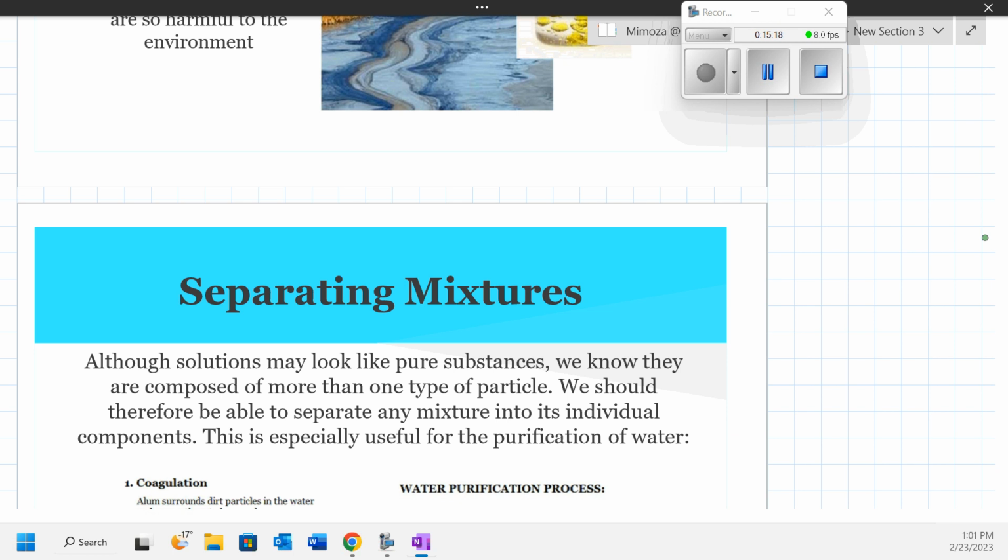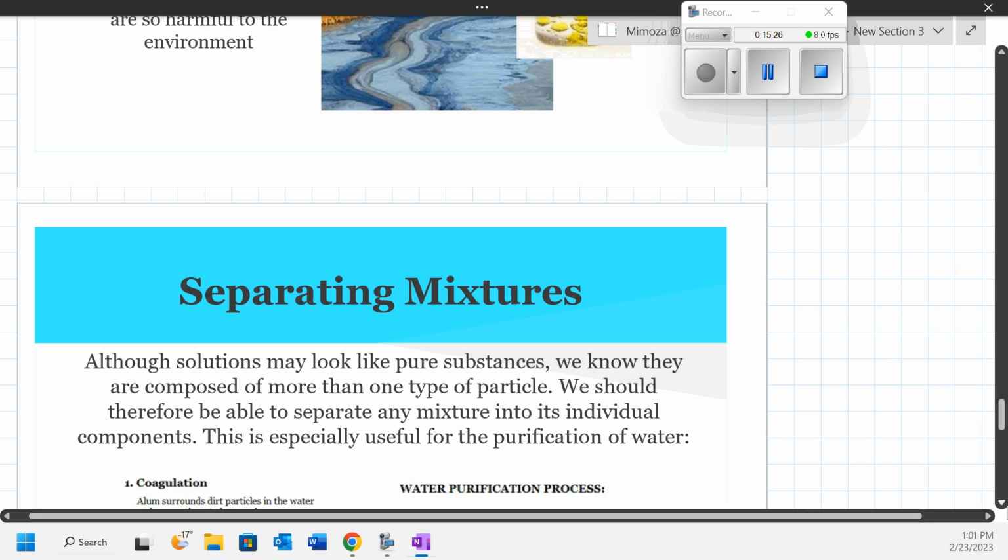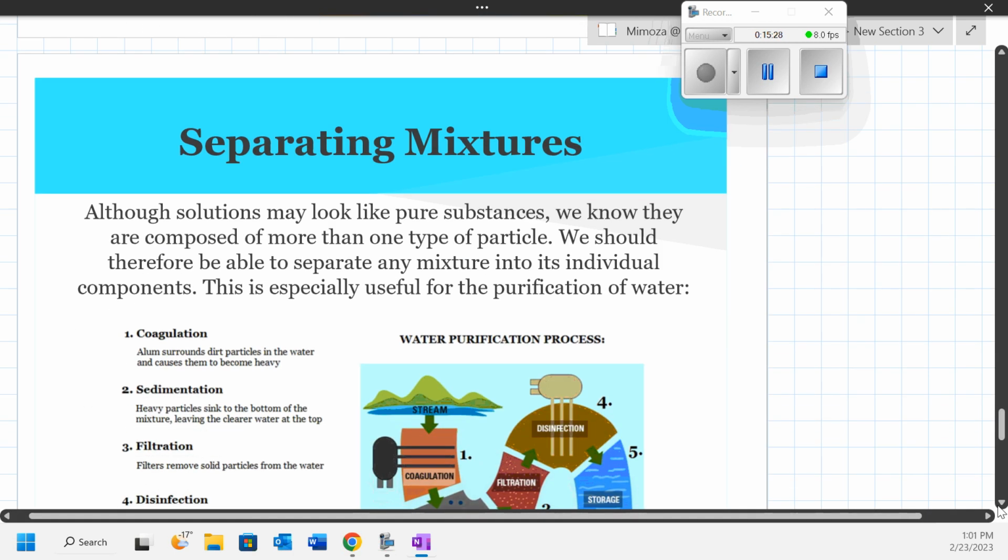So in order to clean, let's say, the water, which is the most useful case of separating mixtures, what we do is take away those particles, leaving fewer and fewer particles until you end up with something that is pure.